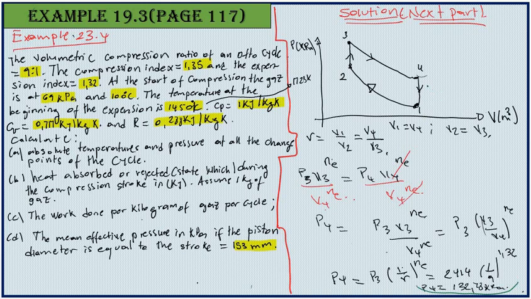Same thing, we can now determine the temperature at 4. To determine the temperature, I'm going to use the relation of the adiabatic process between 3 and 4 that combines the pressure and the temperature. I'm going to do it on the new slide.